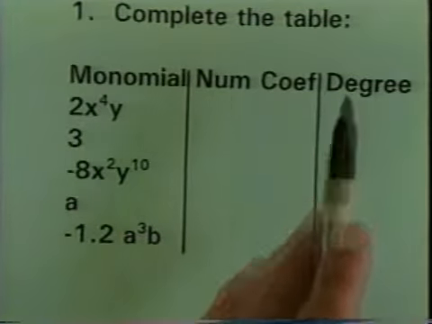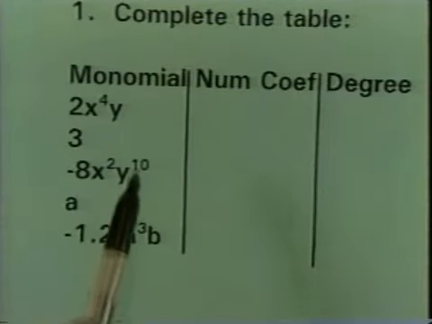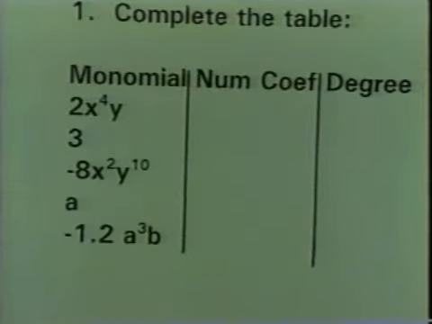The numerical coefficient and the degree of negative 8x squared y to the 10th. The next one is a, and the last one is a negative 1 2/10 a cubed b. I'm going to give you about 20 seconds to write down the numerical coefficient and the degree for each of the problems, and then I'll give you the answers.